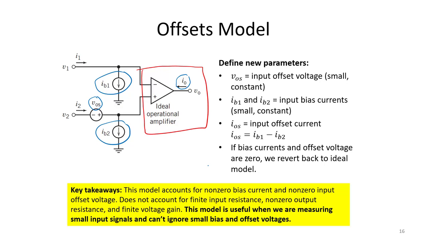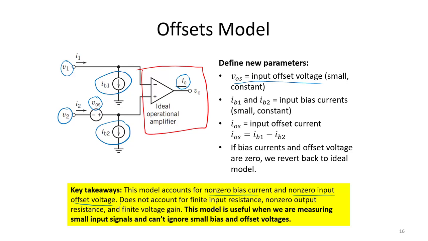So why would we need to add in these input bias currents and that input offset voltage? Well, sometimes we are measuring extremely small input signals. What happens if our input voltage is extremely small? All of a sudden, if we have background noise and very small voltage in our actual op-amp, we can't ignore the input currents anymore, and we can't ignore any difference between our voltage V1 and V2.